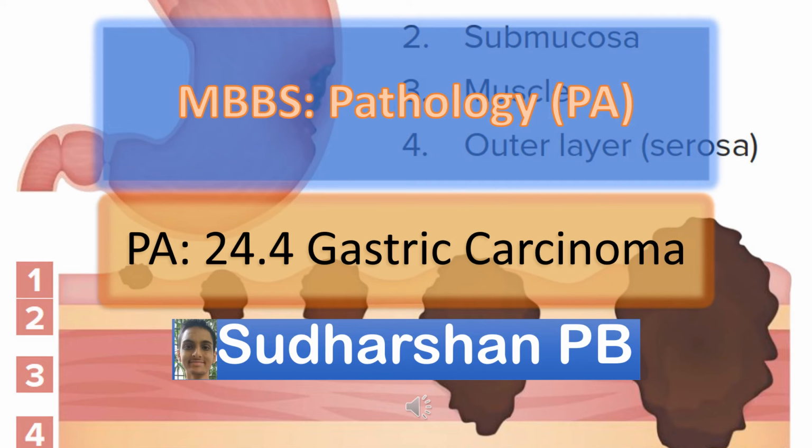Then it can manifest as anorexia, weight loss, epigastric pain, melena, that is black colored stool, and hematemesis can occur, that is blood in the vomit as a result of GI bleeding.